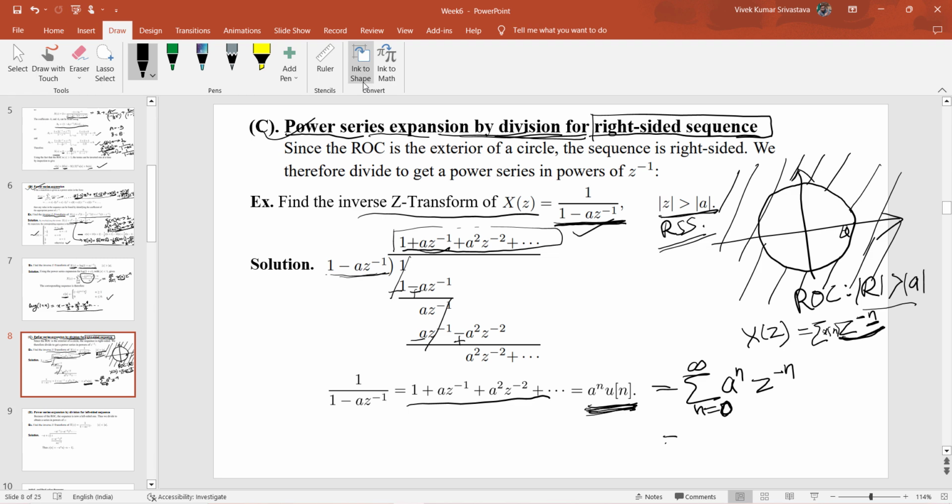So once you put the values of n here, you will get this series, that is 1 plus a z raised to the power minus 1 plus a square z raised to the power minus 2, and so on.